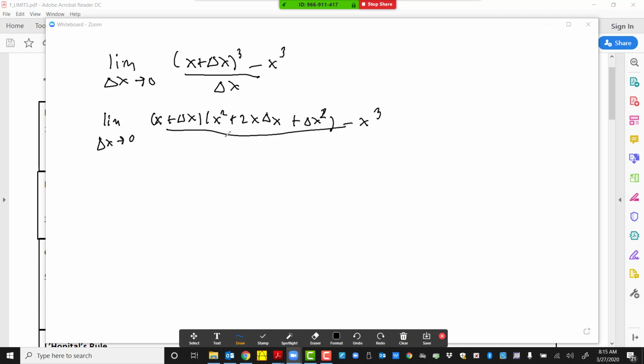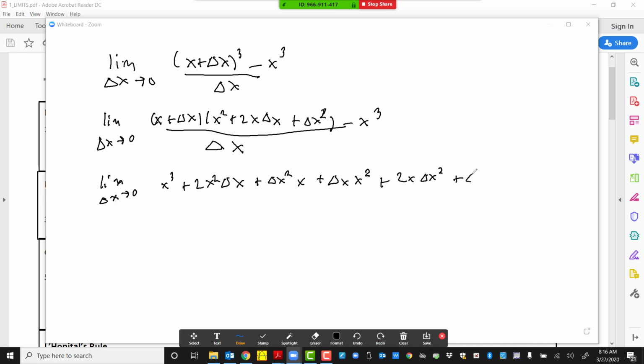So over delta x, limit as delta x approaches 0 of x cubed plus 2x squared delta x plus delta x squared x plus delta x squared plus 2x delta x squared plus delta x cubed minus x cubed all over delta x.